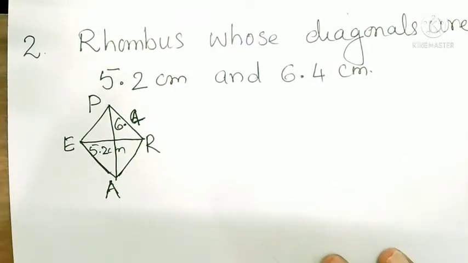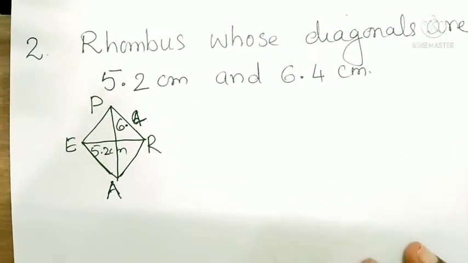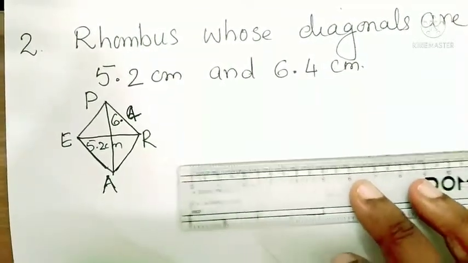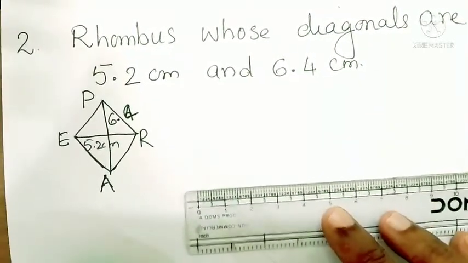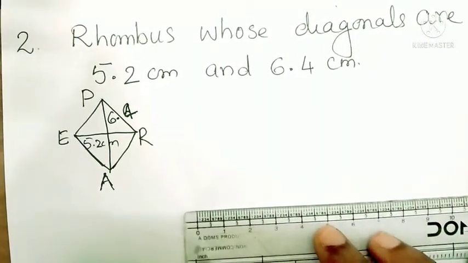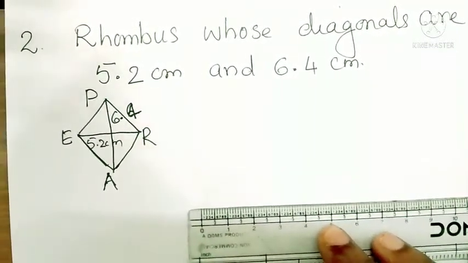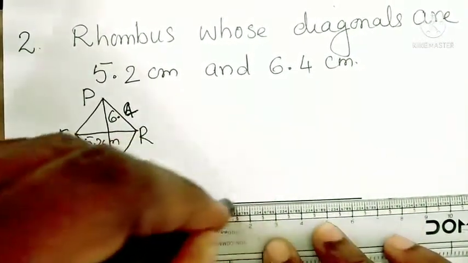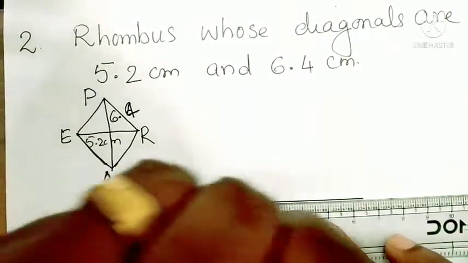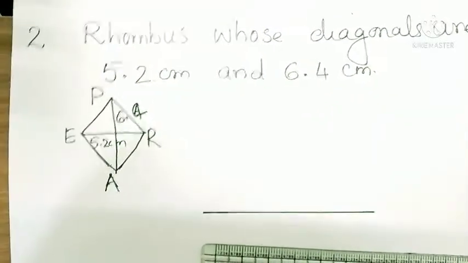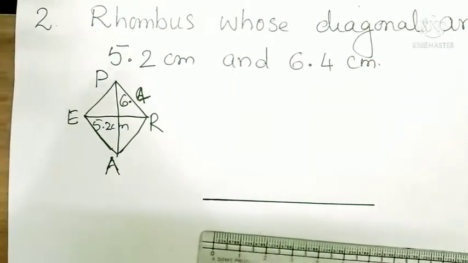And the next question is again the rhombus, 5.2 centimeter and 6.4 centimeter are the diagonals. So we know what we have to do. First draw a 6.4 centimeter line segment. You can draw any one. I have drawn 6.4. And then what we have to do? Draw the perpendicular bisector of this.